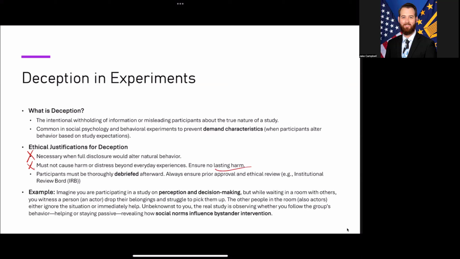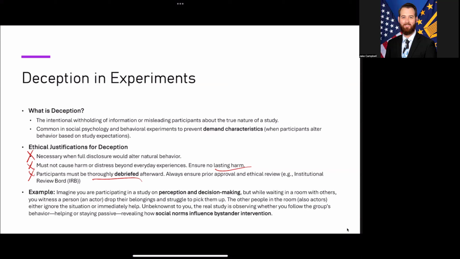And you want to make sure there's no lasting harm as a result of this deception. Being deceived on a grand scale is very different than just withholding some information for the purposes of an experiment. Additionally, participants should always be thoroughly debriefed, right? We always require a human subject's consent when we initiate an experiment, but if that consent is obtained under deceit or deception, right?